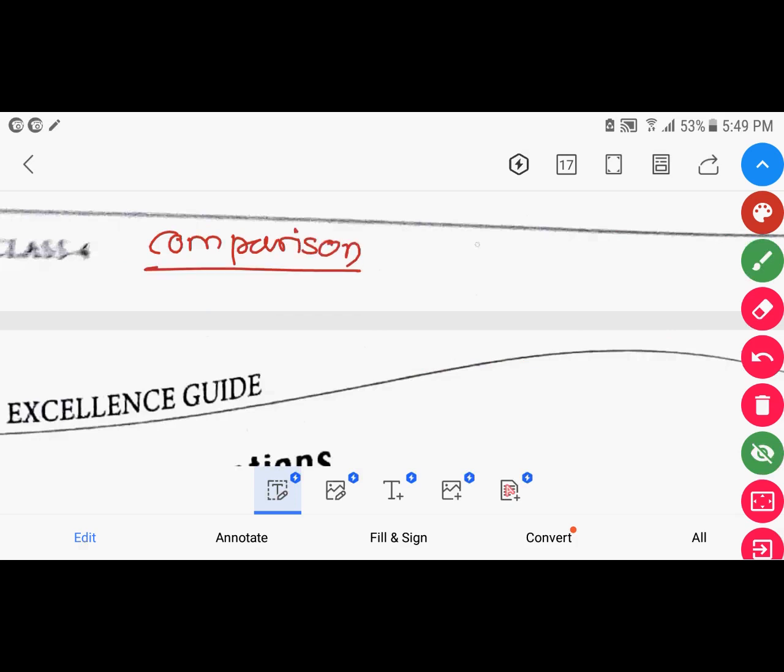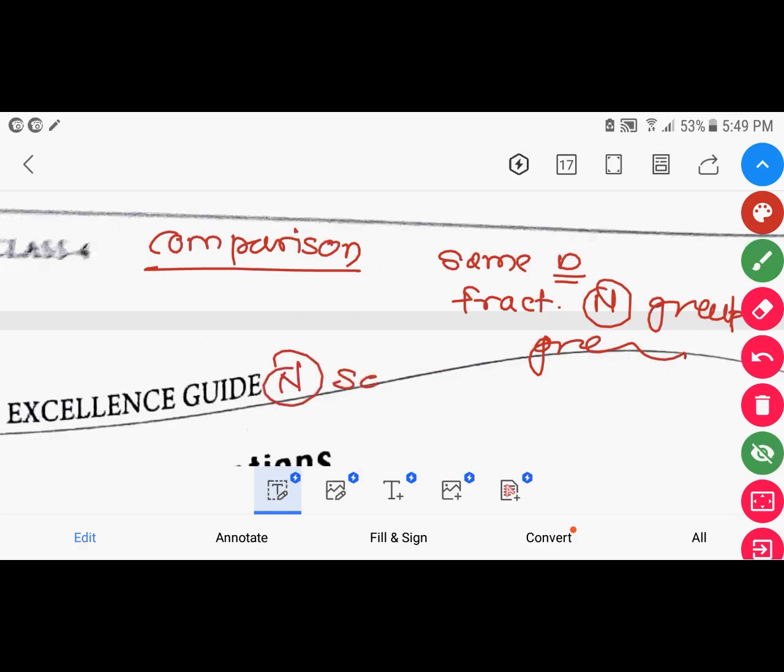If two fractions have the same denominator, so the fraction which has the greater numerator is the greater fraction. If the fractions have the same numerator, the fraction which has the smaller denominator is the greater fraction.